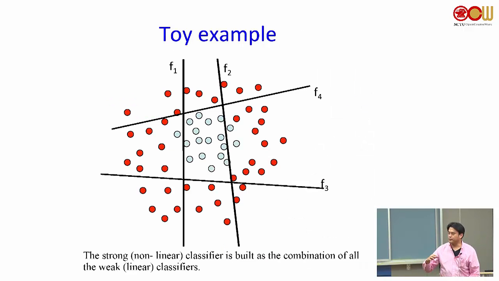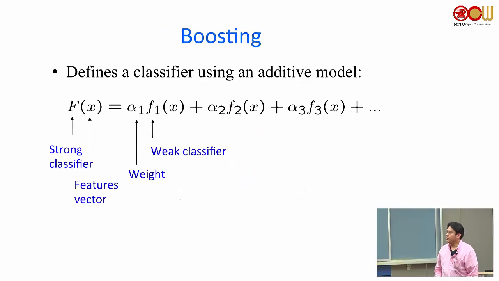So this is the basic idea for AdaBoost. You can see we have features 1, 2, and 3, for example, and we have weights alpha 1, alpha 2, etc. And we can combine those different features and become a strong classifier.